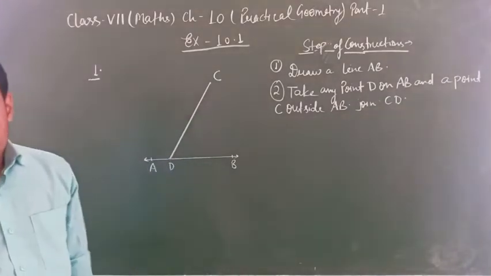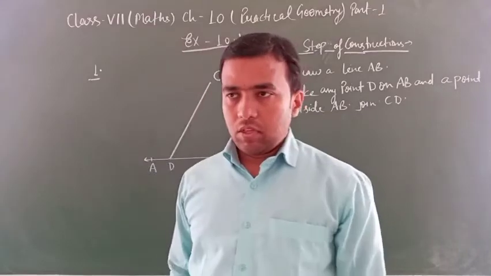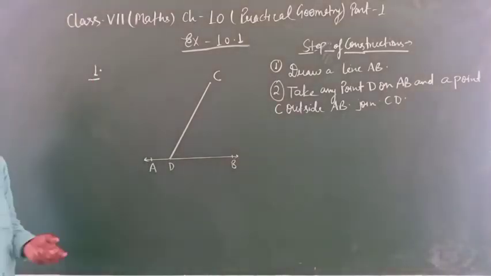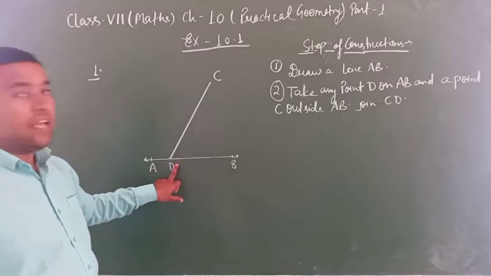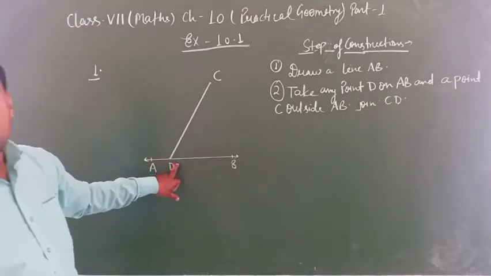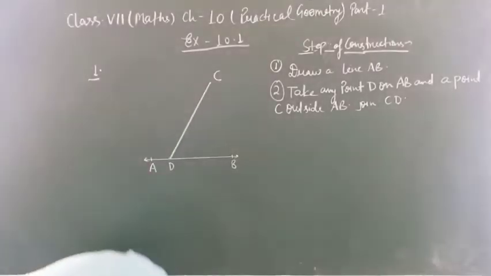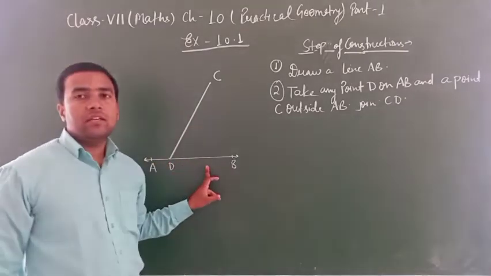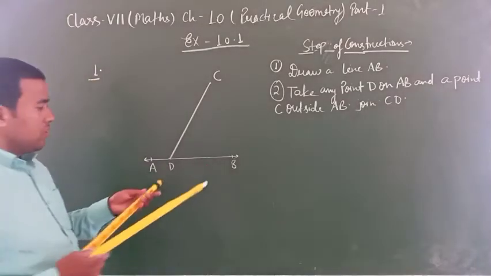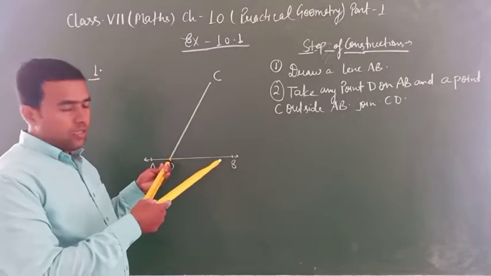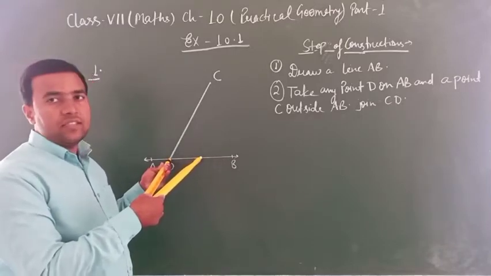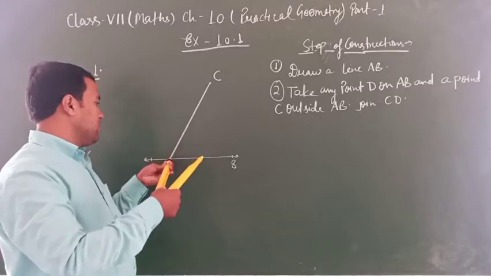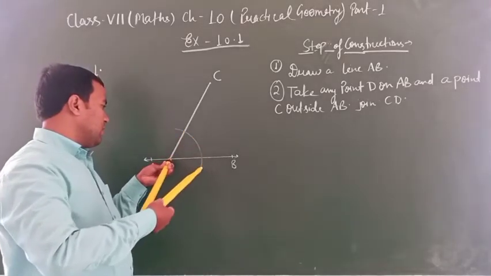Draw a line parallel to AB using ruler and compass. After that, with D as a center and any radius, draw an arc to cut AB.